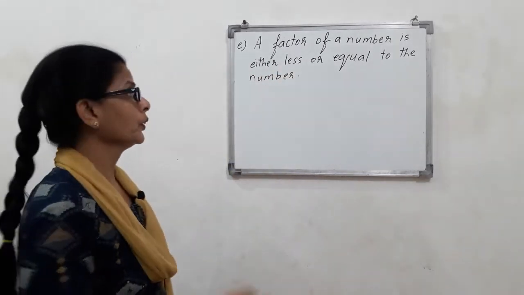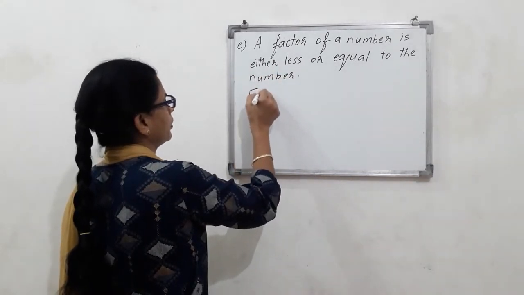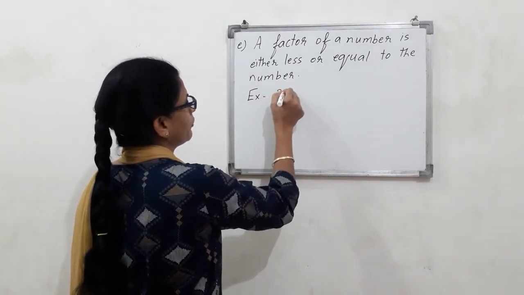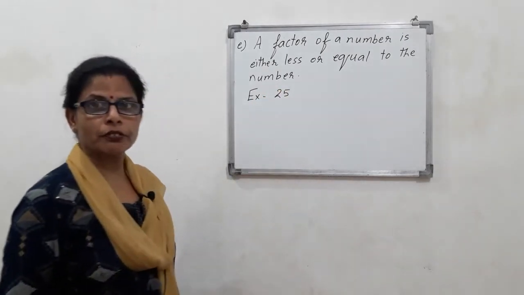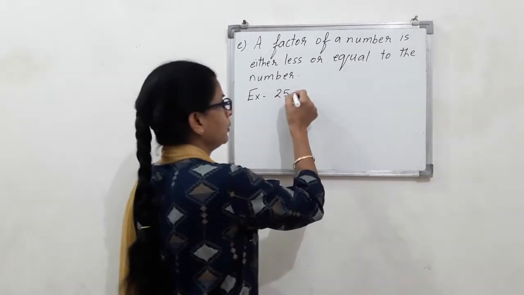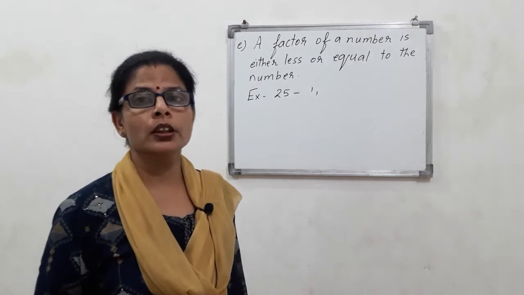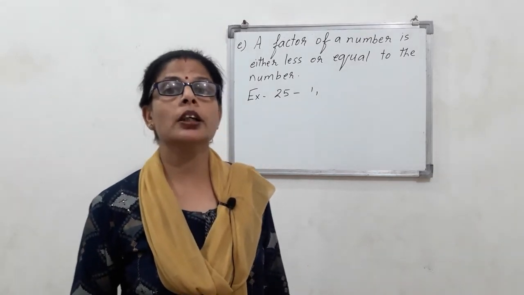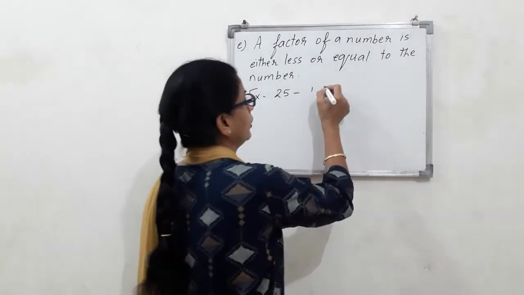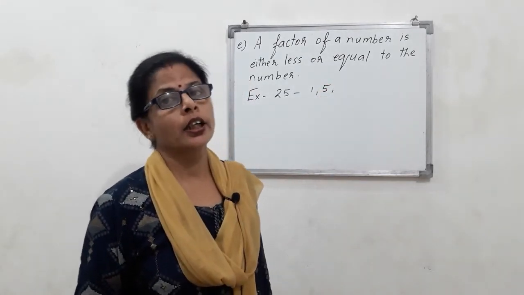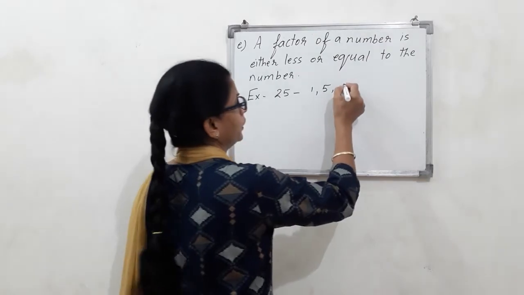For example, if we take the example of 25, what are the factors of 25? It comes in one table, it doesn't come in 2, 3, or 4, but it comes in 5 table, right? It doesn't come in 6, 7, 8, and it comes in 25 only.